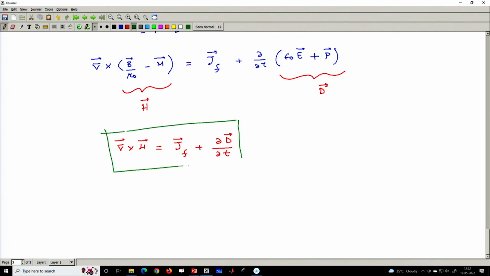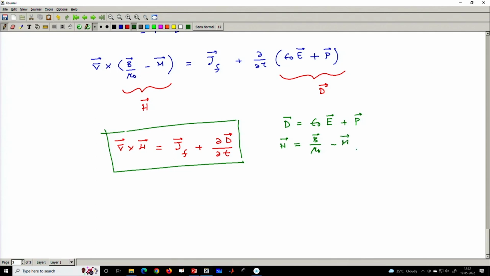So, this is a modified version of the Maxwell's equation in material, where the characteristics of the material can be entered through this value of D, which is epsilon 0 E plus the polarization P. This is the characteristics of the material, and H is B divided by mu 0 minus the magnetization.